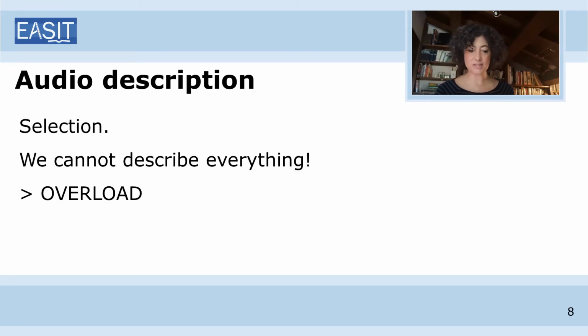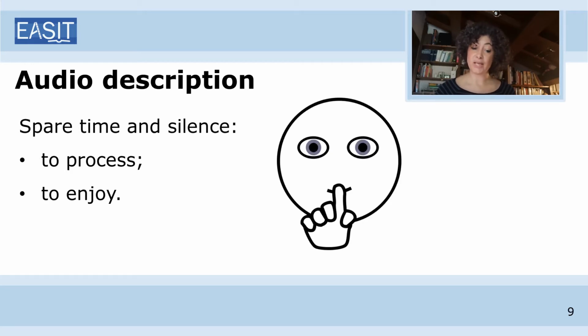So, as audio describers, we cannot describe everything. This would generate far too long a description. And a long description would fail to integrate successfully with the source text. It would overload or even bore users who need some time and silence to process all the information they receive orally and to enjoy it.